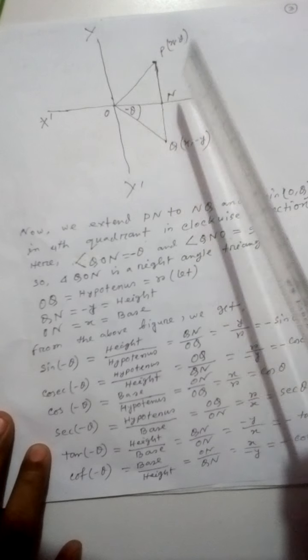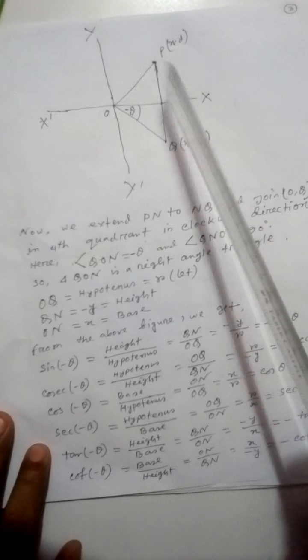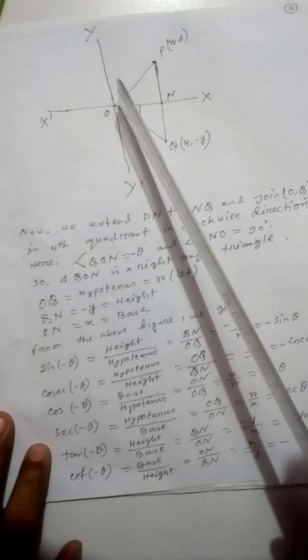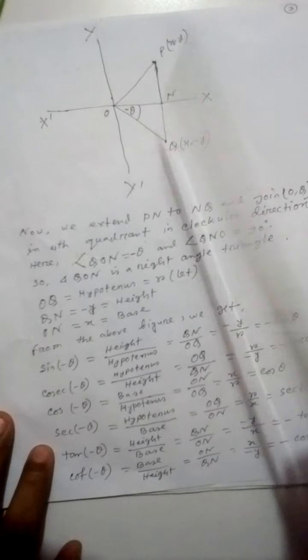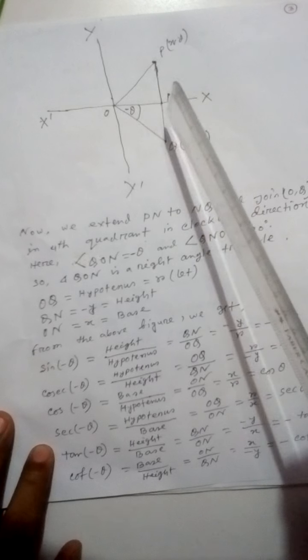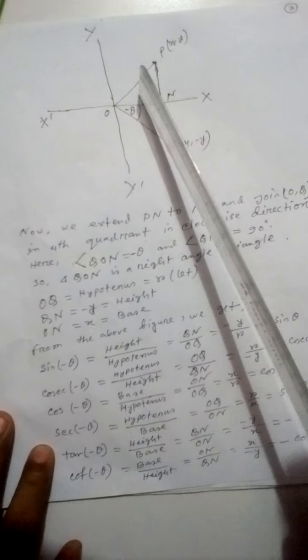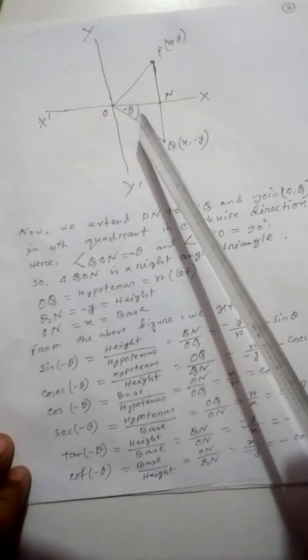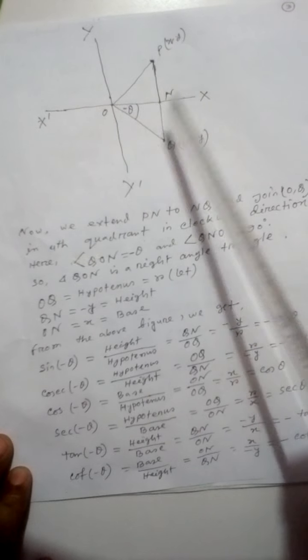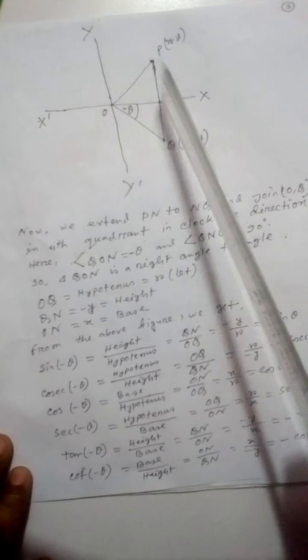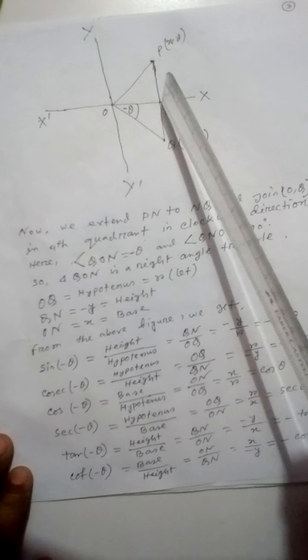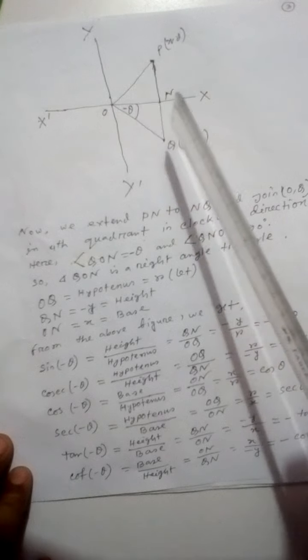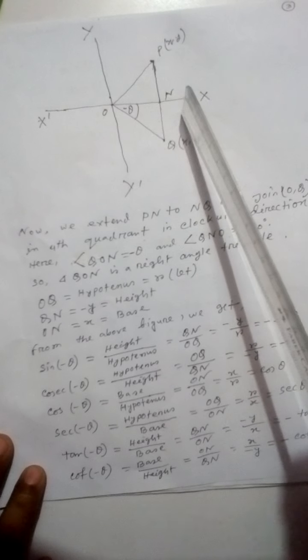Tan minus theta equals height divided by base, that means QN divided by ON equals minus Y divided by X equals minus tan theta. Cot minus theta equals base divided by height, that means ON divided by QN equals X divided by minus Y equals minus cot theta.